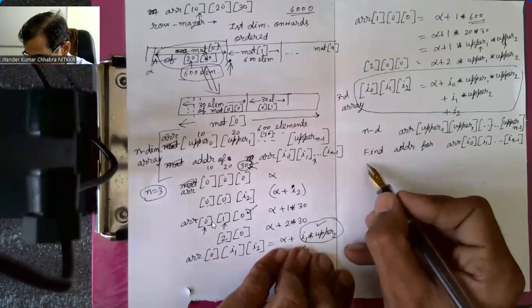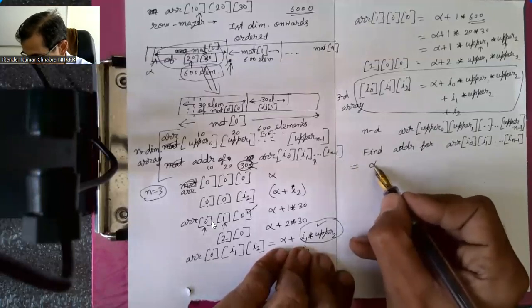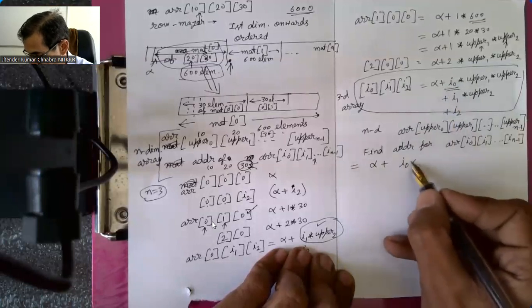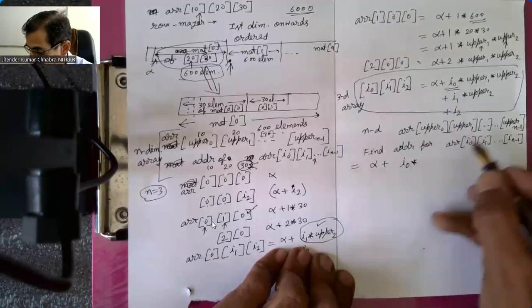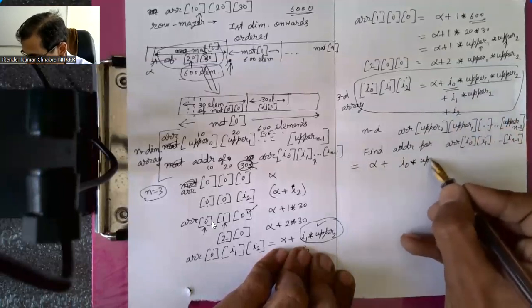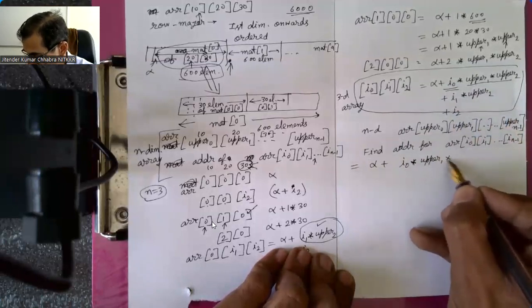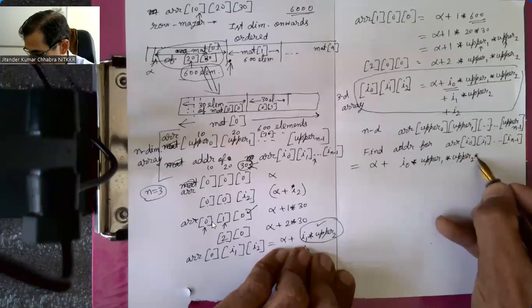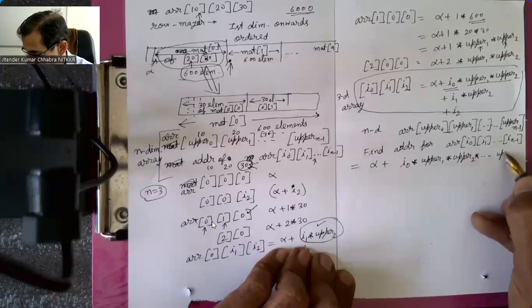So what will be the address? Now I can easily say alpha plus I0 into all dimensions from 1 onwards: upper 1, star upper 2, and so up to upper n minus 1. All dimensions.